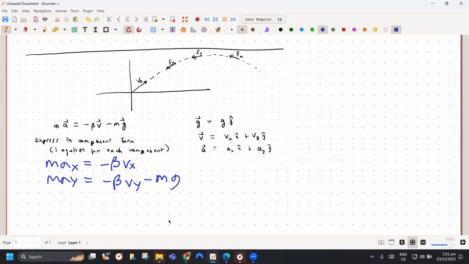It separates into two separate equations for x and y, because there is no mixing of variables of different components, right? So you can solve them separately. m a_x equals negative beta v_x. We already did t in terms of v_x from the example. The m a_y equals minus beta v_y minus mg, we haven't done yet.